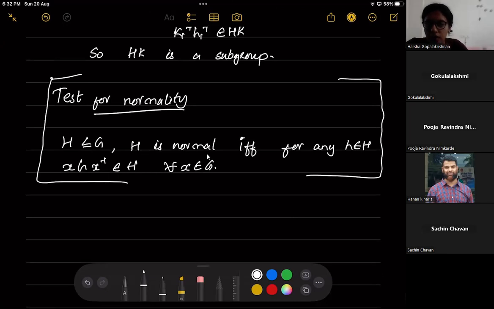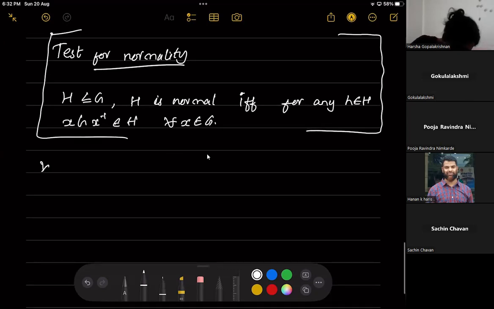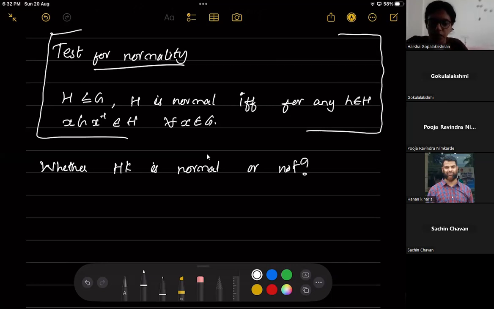Now, we will come to our problem. What is our problem? Whether HK is normal or not. So we need to check, taking some random element from HK and any element x in G, whether this condition is satisfied.